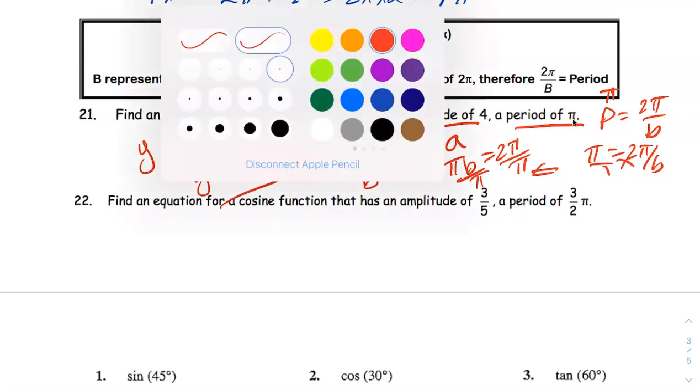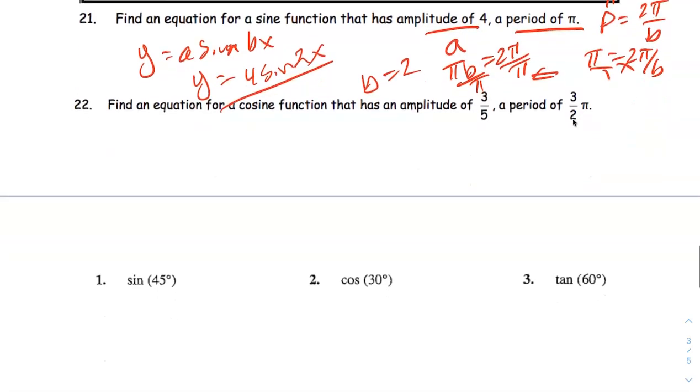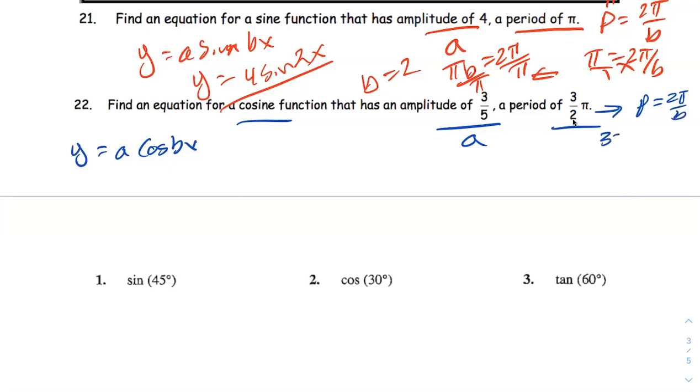Next one. Same idea, but find the equation of a cosine function. So y equals a cosine bx. The amplitude is 3/5, that's my A, and my period is 3 pi over 2. So it's the same type of question. This is always the tough part. Period equals 2 pi over b. And that's 3 pi over 2 equals 2 pi over b.